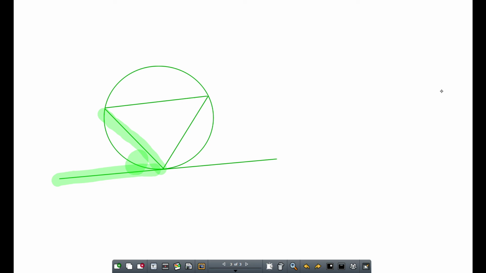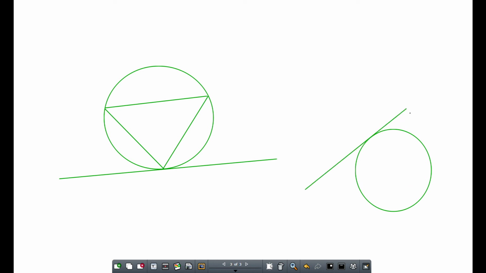Okay, so van dieselfde punt af het ek twee raaklyne. So this is a tangent, and then also that one is a tangent.